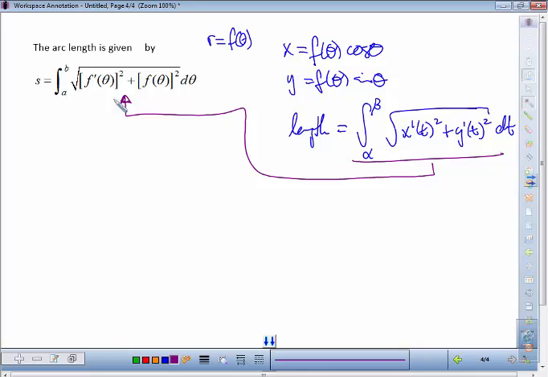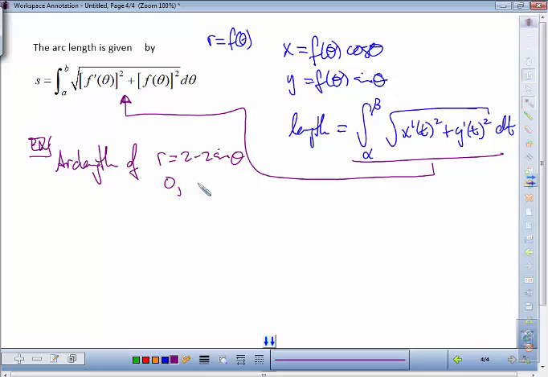We can find the arc length of the cardioid that we were working on, from 0 to pi over 2.